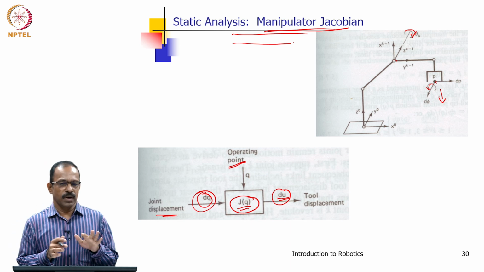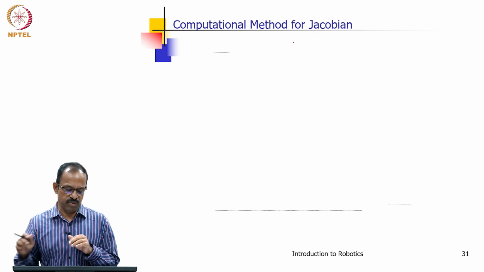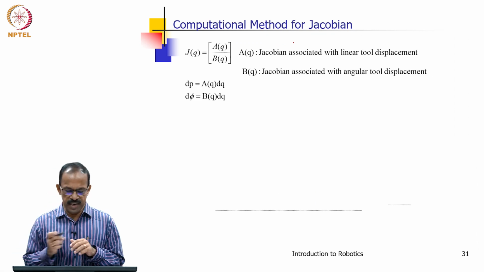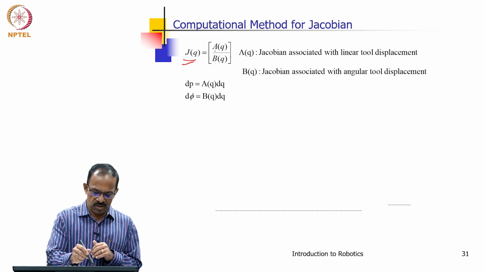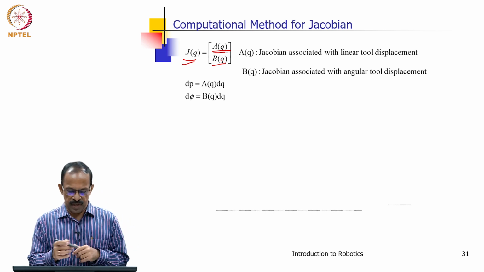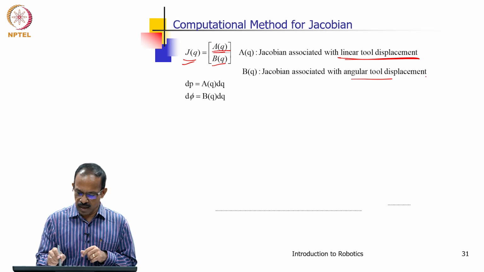Okay. So, the principle is the same. The manipulator Jacobian can be defined in terms of linear and angular parts. So, you have J(q) as A(q) and B(q), two parts; we divide them into two parts. The first one is associated with the linear tool displacement, and the second one is the angular displacement.